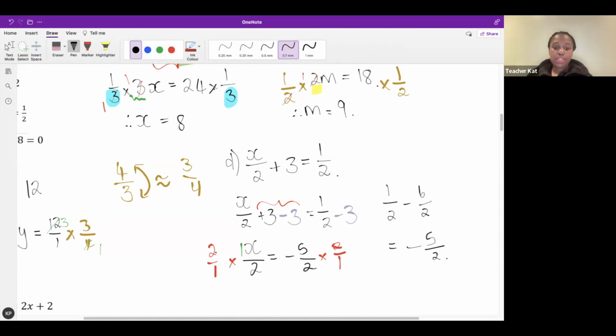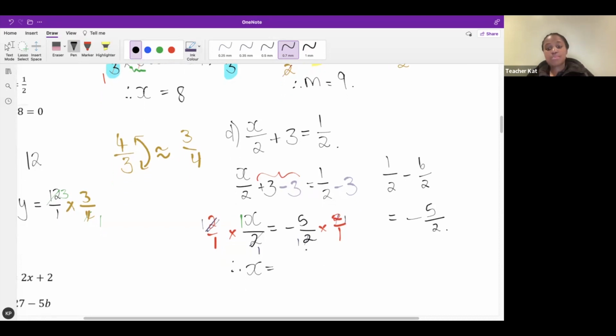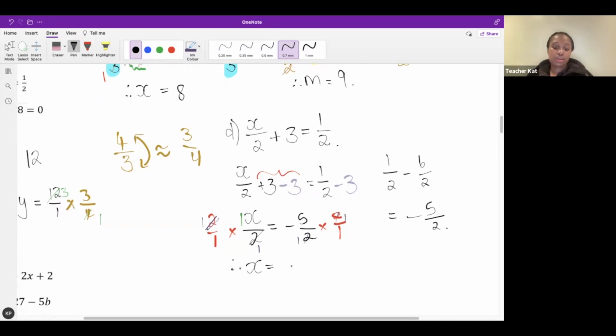And then what will happen with these 2's on my left-hand side? They will become a 1 because this goes into itself once. So then it's just 1 times x, which means I'm left with x equals. And if you look on the right, we can also cancel the 2's. 1, 1. Then I'm left with negative 5 times 1. And what's negative 5 times 1? Then x is just negative 5.